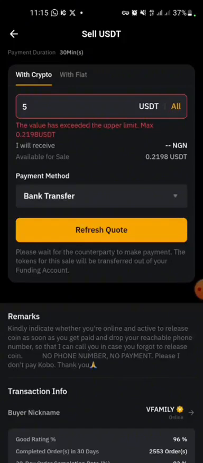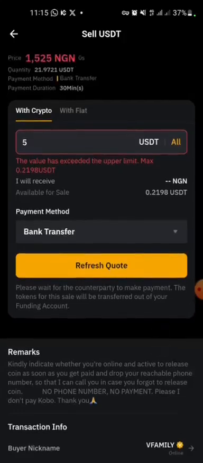So why P2P is kind of safe is that Bybit and exchanges serve as middlemen in this. As you open this trade, your $5 will be locked temporarily by Binance, so you cannot withdraw. As long as the trade is still ongoing, you cannot withdraw the money again.